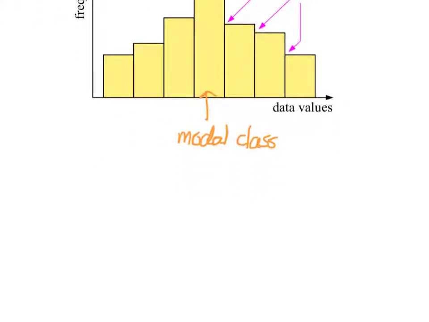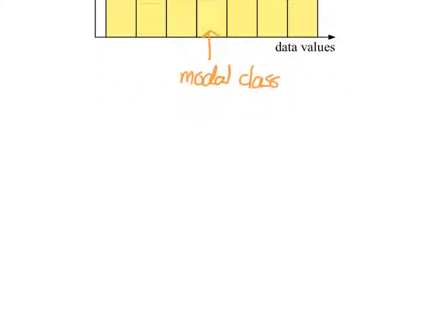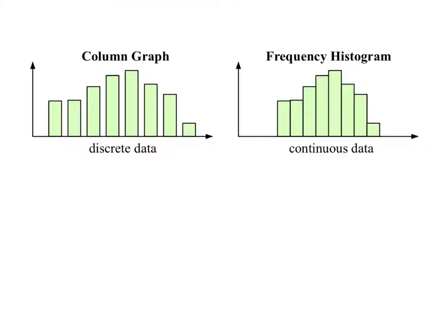And to emphasize the differences between frequency histograms and column graphs, here's a quick visual. Again, notice the similarities. We have our data on the x-axis, we have our frequency on the vertical axis, and we use columns to represent those frequencies. However, in a column graph we have gaps, and in a frequency histogram we have no gaps.